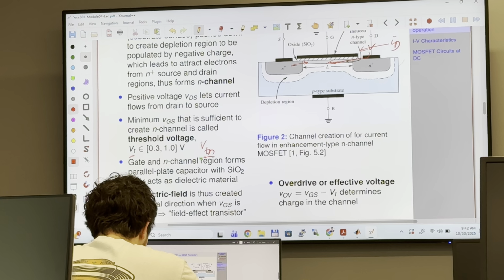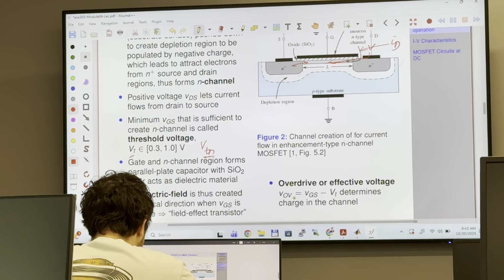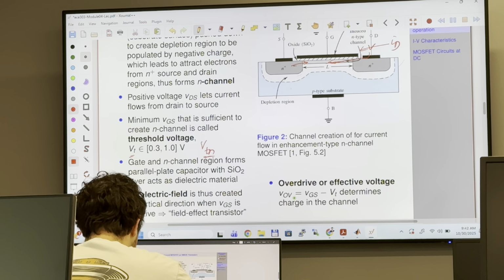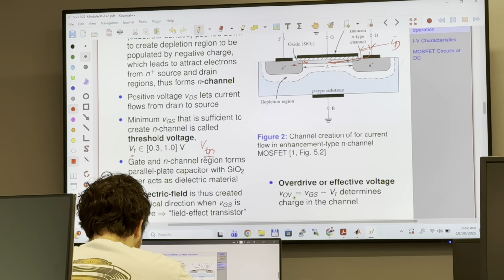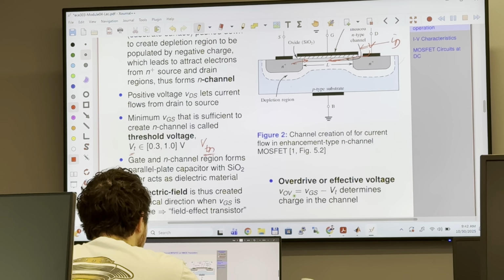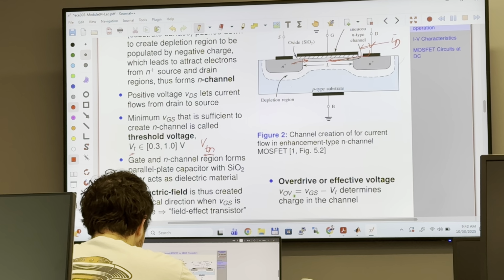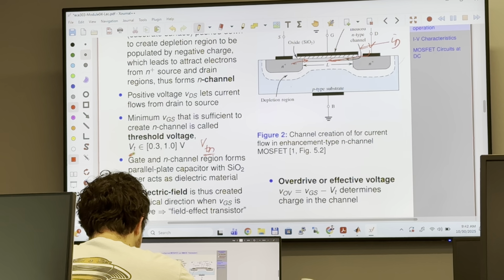We use the N to make sure that we are working with NMOS. The minimum gate voltage that you need to create the N channel of an NMOS is called threshold voltage, which for NMOS is denoted with VTN, and in general it is VT.